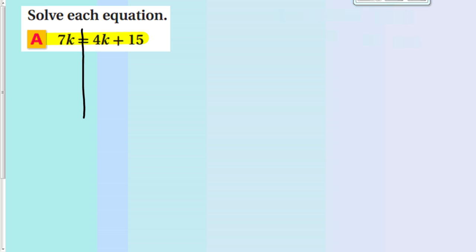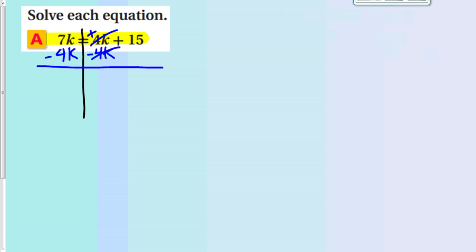So for instance, if I want to bring 4k over to the left side, I have a positive 4k right there, so I can do the opposite of that, or take 4k minus 4k, which is 0. They just cancel out, okay?